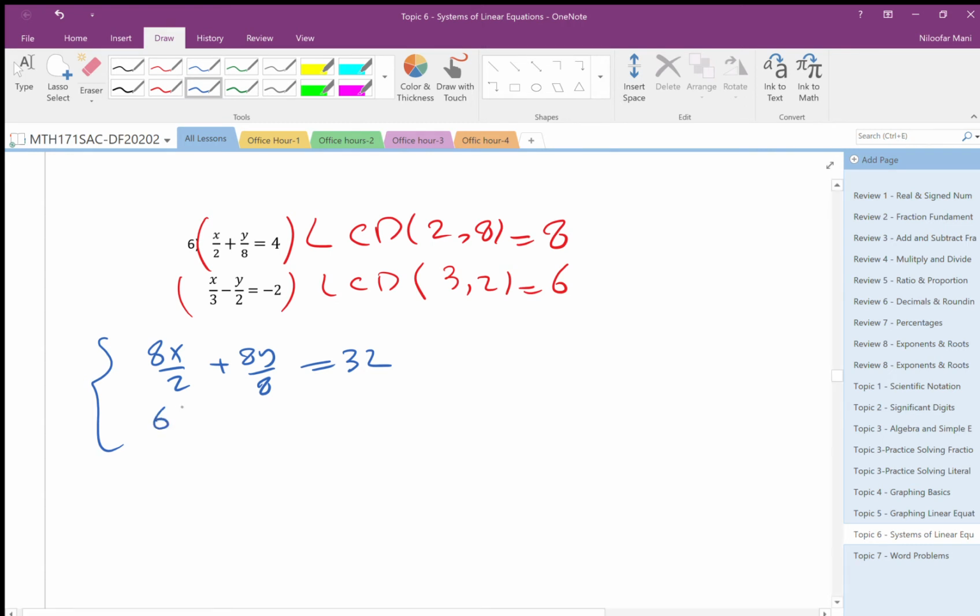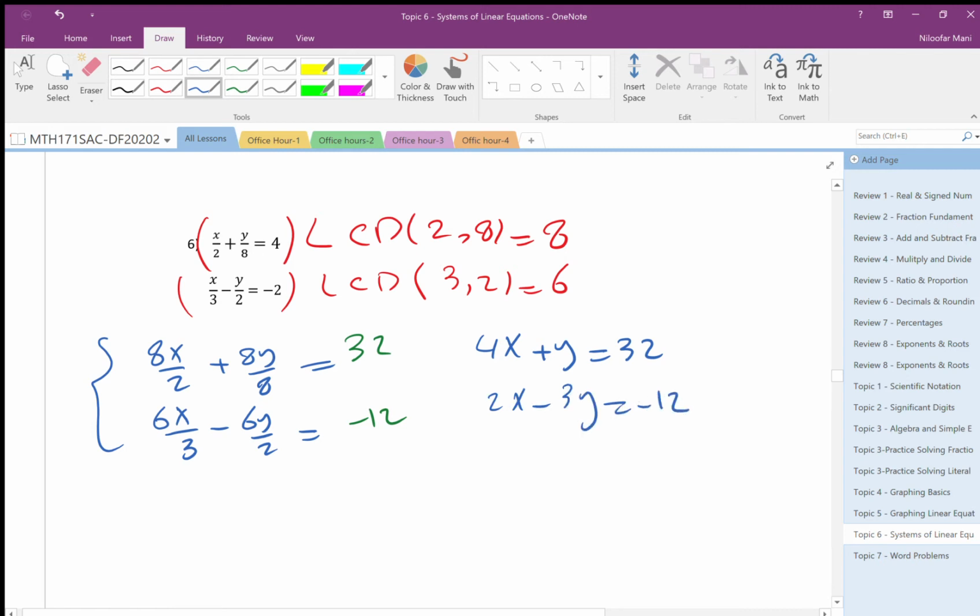So it's 6x divided by 3 minus 6y divided by 2 equal minus 12. Maybe I change the color here just to have your attention. Then simplify. So 8x divided by 2, 4x plus y is 32. And 2x minus 3y is minus 12.